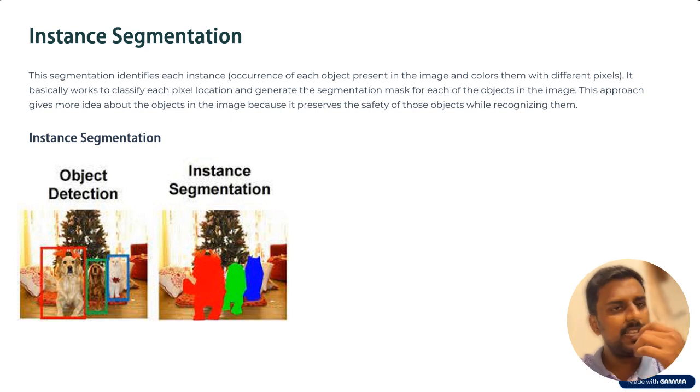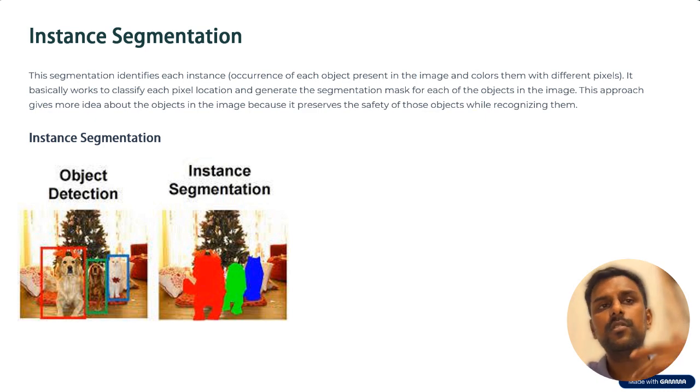As you can see in this current example, the dog and the cat were identified through object detection. Along with that, the borders are also recognized along with the shape. You can see the red and green are the dogs and the blue is the cat, and you can clearly see the pixel-wise segmentation of each of these.